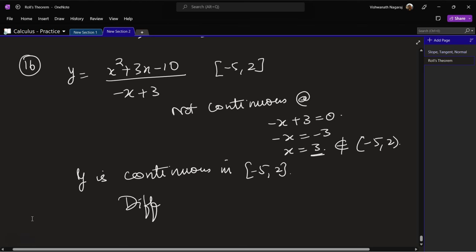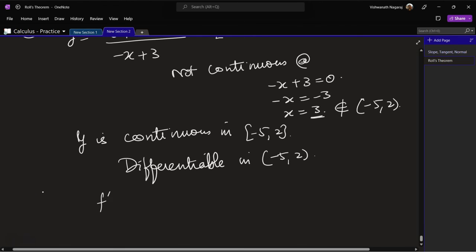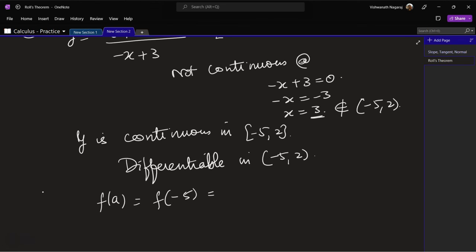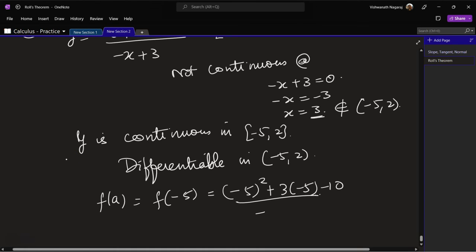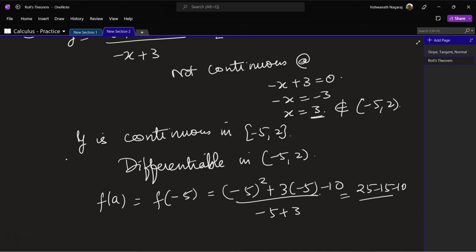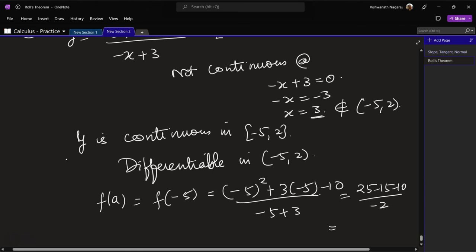It is differentiable in the open interval minus 5 comma 2, and now we have to figure out f of a. Now f of a is f of minus 5, which is equal to minus 5 square plus 3 times minus 5 minus 10 divided by minus 5 plus 3, which gives us 25 minus 15 minus 10 by minus 2, which is equal to 0.